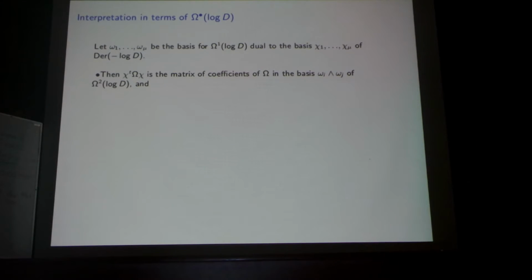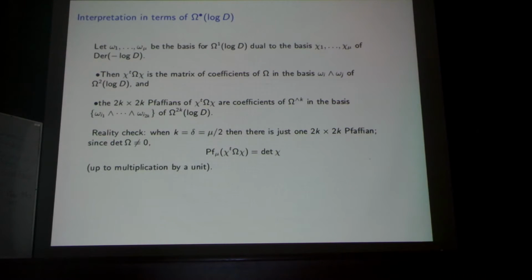So in fact, this chi transpose omega chi matrix is the matrix of coefficients of the symplectic form in the basis omega i wedge omega j of omega 2 log D. And in fact, the ideal of Pfaffians of size 2k by 2k are just the coefficients of the kth wedge of the symplectic form omega in the natural basis of omega 2k log D. So the defining ideal for Dk is the ideal of coefficients of a 2k form with respect to the generators of omega 2k log D.